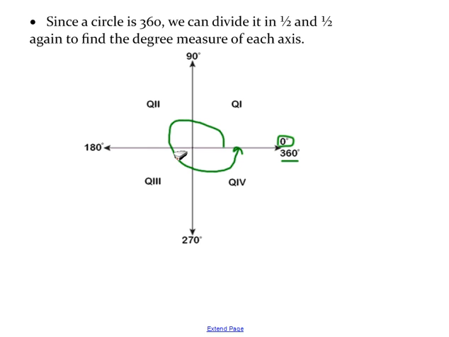Now, to figure out what some of the other axes would be, I could cut that in half. Half of 360, if I cut that circle in half, a semicircle, is 180. If I cut it in half again, half of 180 is 90. So each axis goes up by 90 degrees. And that also makes sense because all of these axes intersect at 90-degree angle measures. We know those are right angles.